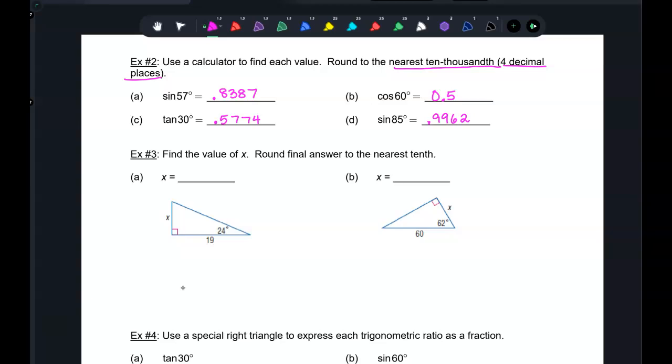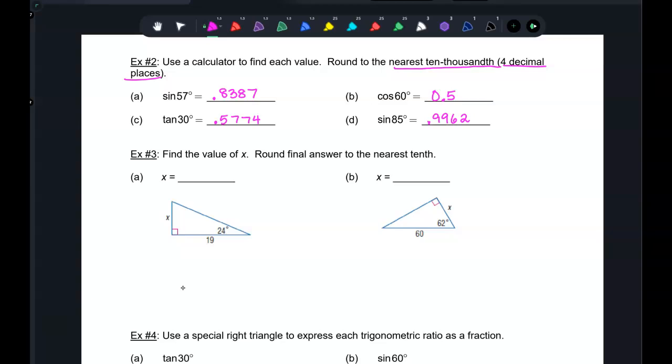No matter what the x is. So the cosine of 60 degrees is adjacent over hypotenuse, x over 2x. What do you notice? The x's are going to cancel. This is for any right triangle.